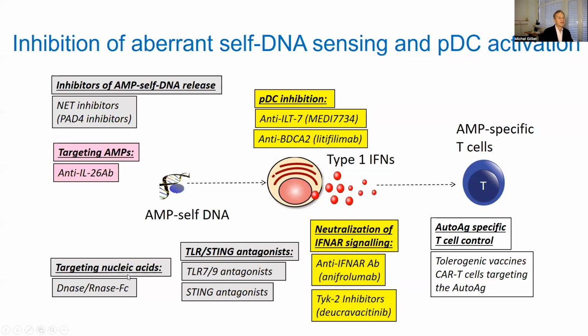We need to target nucleic acid. We can target AMPs, and we have generated a humanized antibody, which we are now pushing for clinical development, that targets IL-26, which we think is a very important antimicrobial peptide driving inflammation in several diseases.